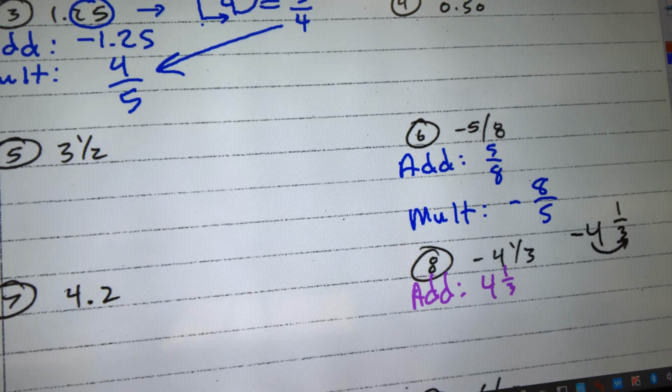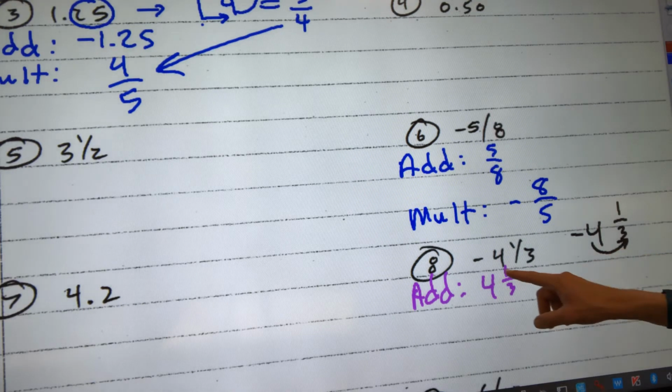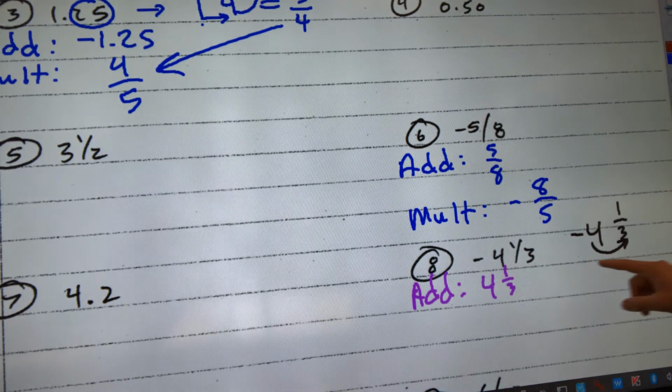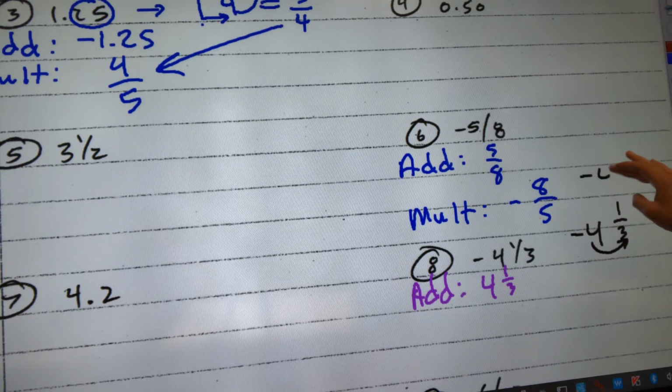That's a negative 12. All right, so I have to be careful here. Negative 4.3 repeating. All right.